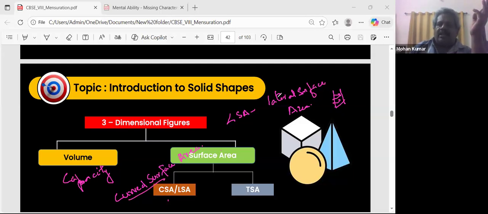When it is in a rectangular format, which we see with our eyes, we call it lateral surface area. Then we have another one called TSA, the total surface area. I just explained only the theory, which you all know very well. Now, let's come back.